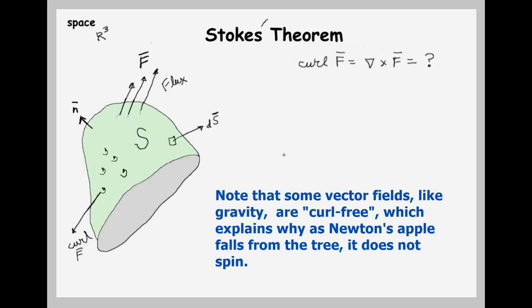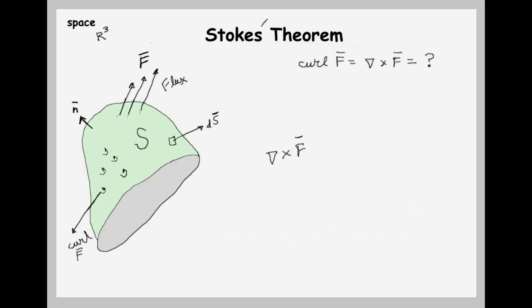So let's begin with the curl of F, and we write it as del cross F, the vector field F. The second step is to change color. We're now going to integrate over this surface, so that's going to be a double integral, a surface integral.